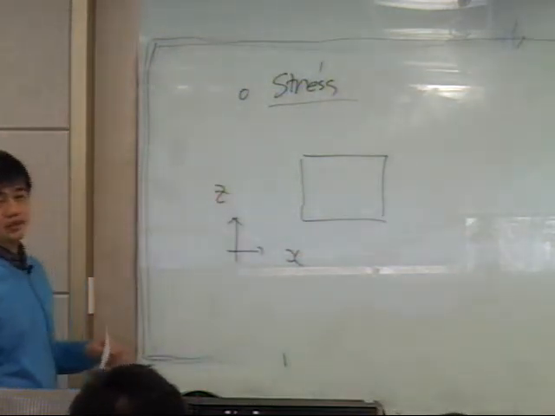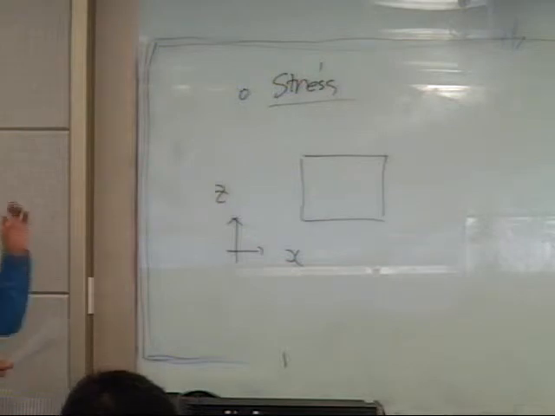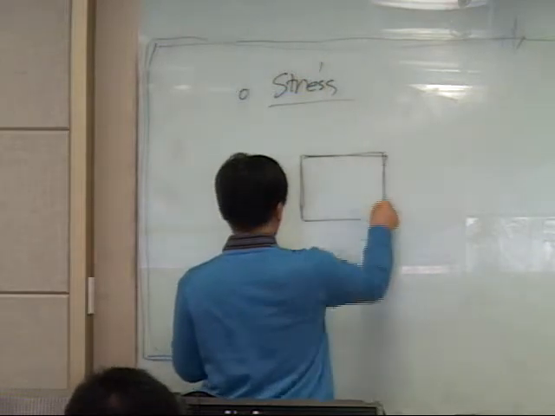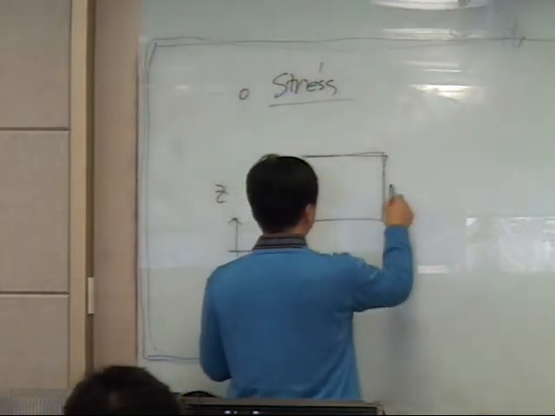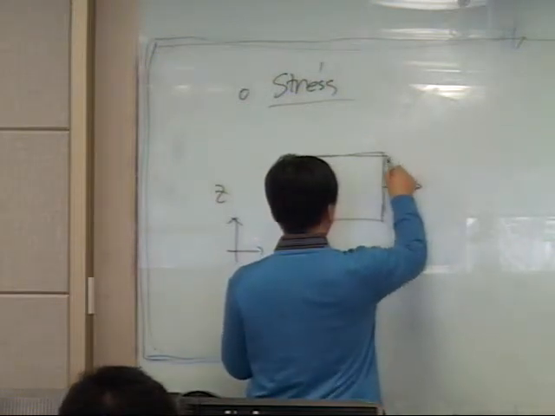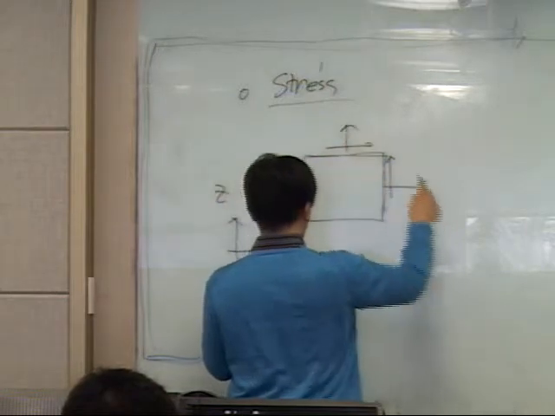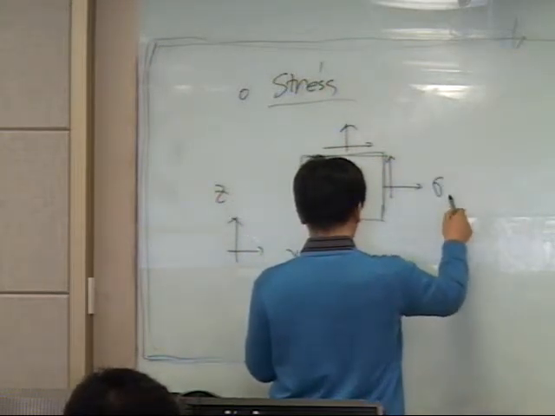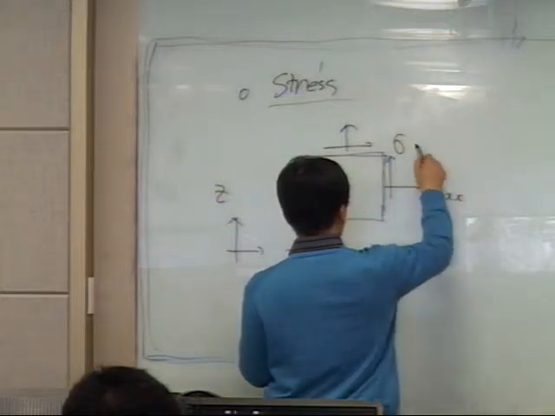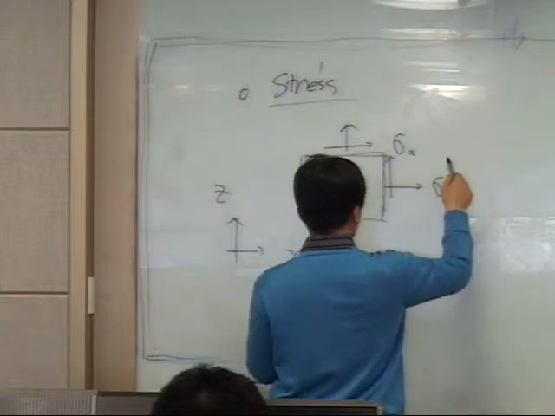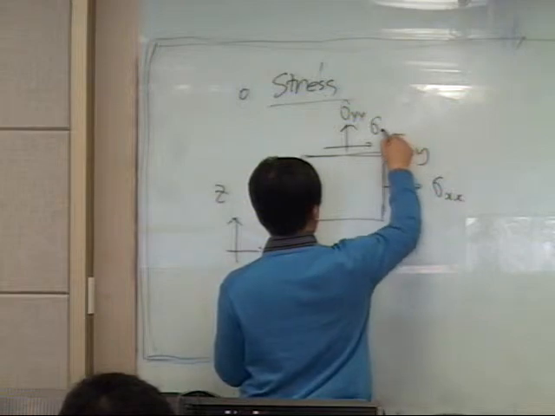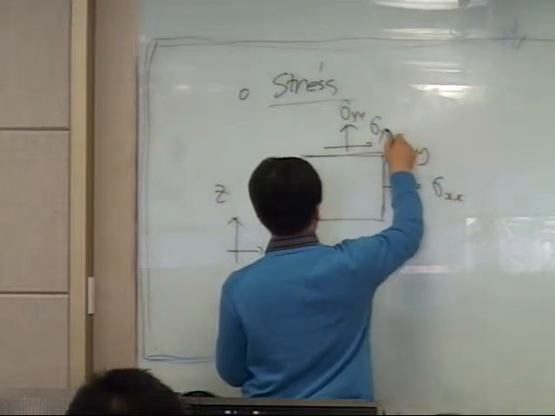So we have a rectangle here. This is some volume of fluid. And here there are going to be some stresses: sigma xx, sigma xy, sigma yy, sigma yx.